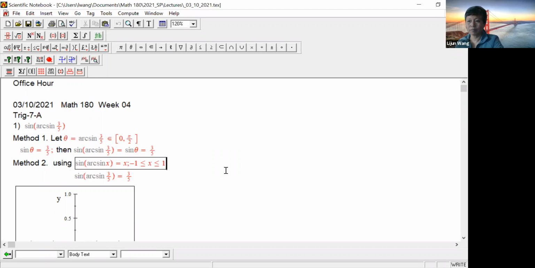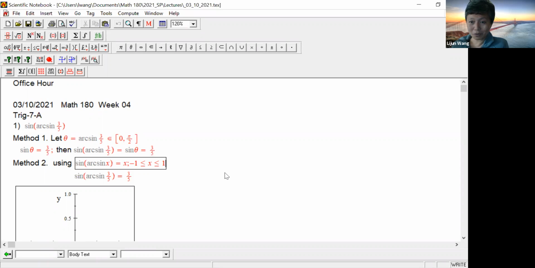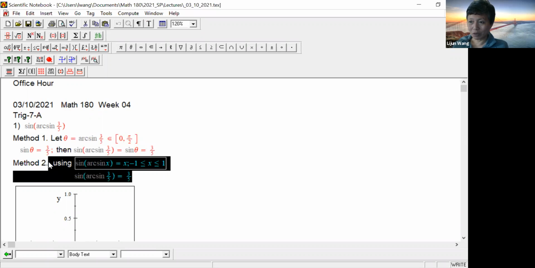If you are aware of the property about inverse functions, you don't need to do all of that stuff. All you have to do is check this condition. If this condition is satisfied, you can just apply it. Do you follow me? Do you understand? So either method can be used. The first method requires you to know the domain and range of arc sine, and the second method, you just have to know a little bit more. Either way, you end up in the same place.